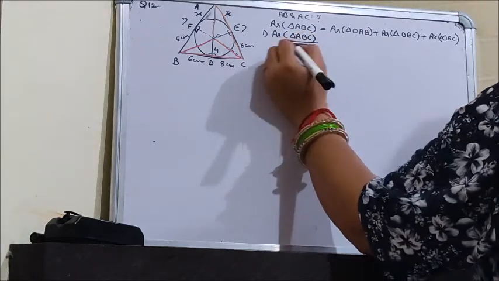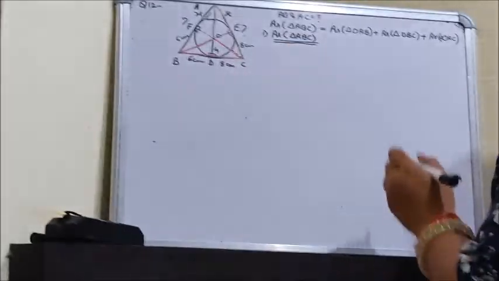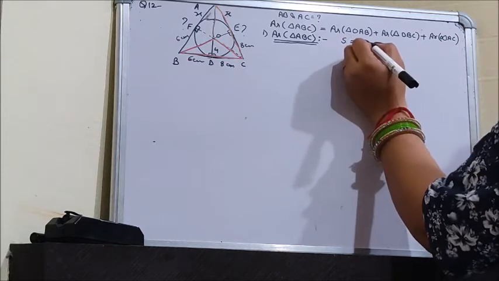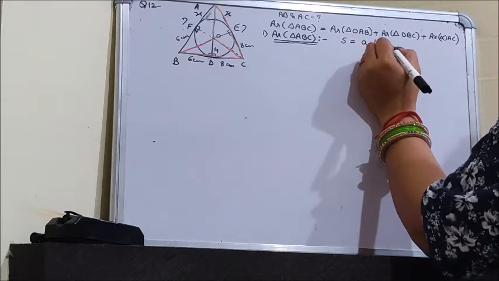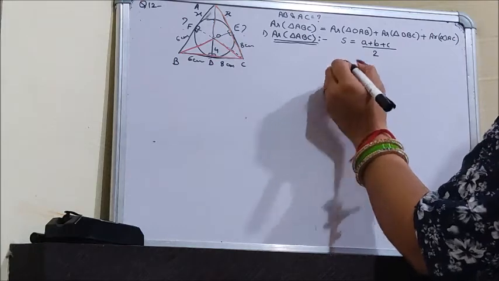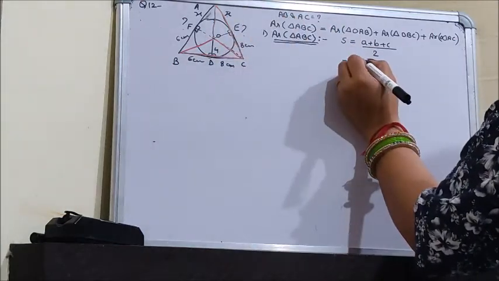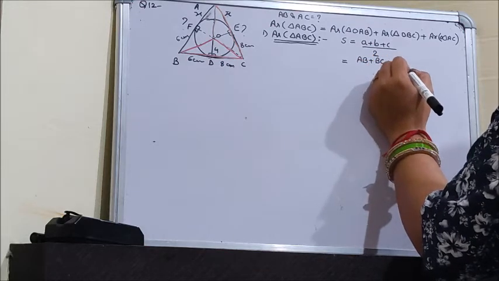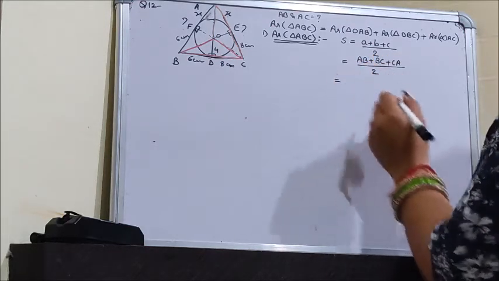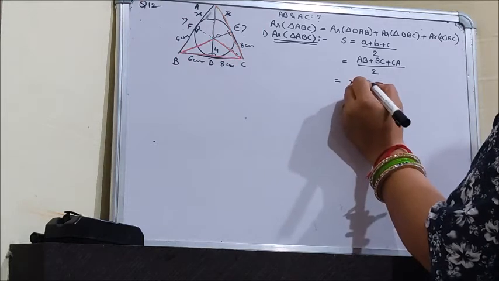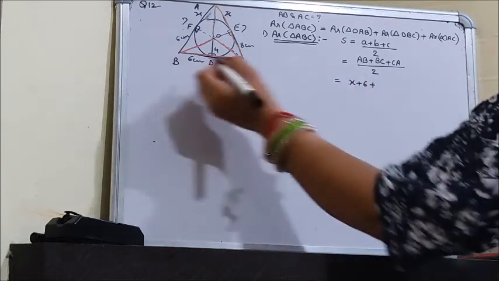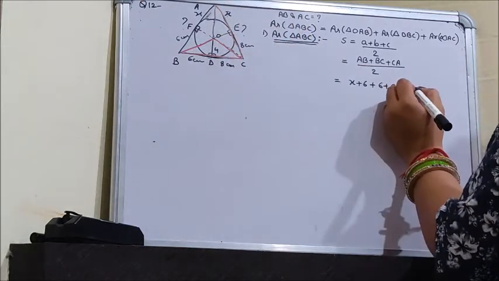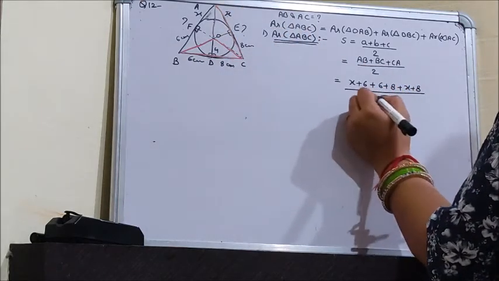How will we find the area of triangle ABC? By Heron's formula. First of all, you have to find the semi-perimeter S. S is (a plus b plus c) by 2. So here the 3 sides are AB plus BC plus CA by 2. Now what is AB here? X plus 6, plus BC, 6 plus 8, plus CA, X plus 8, divided by 2.